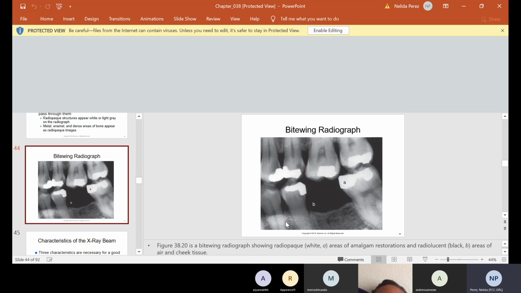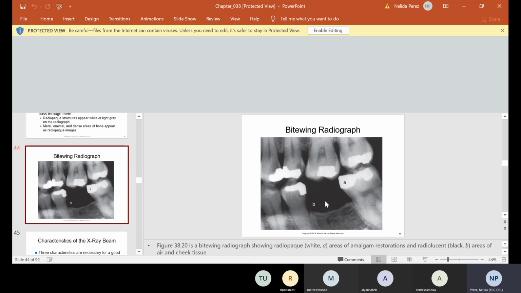Down on the bottom, here's a premolar, and guess what is missing here? The first molar, and here's the second molar. So in this x-ray, we have two premolars and two molars on the top, and on the bottom two premolars and one molar because the other one is missing.